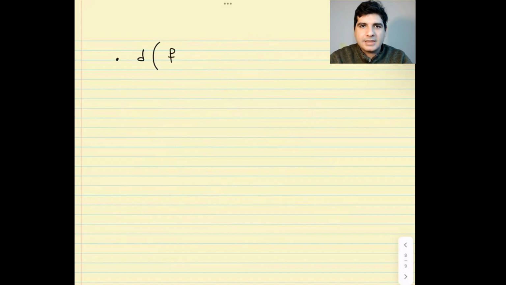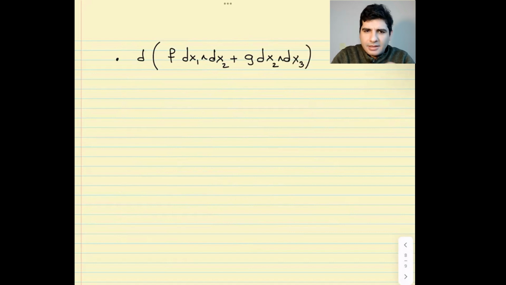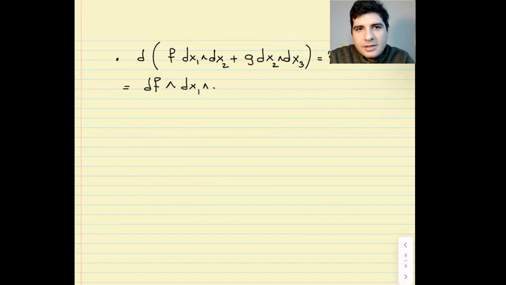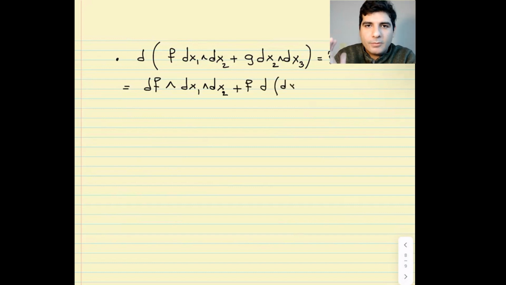So maybe let's do an example. Let's say f is a real valued function on a manifold M. Let's consider the 2-form f dx1 wedge dx2 plus g dx2 wedge dx3. Let's say the manifold is three-dimensional. Locally, it has three coordinates, x1, x2, x3. What is the exterior derivative of this form? So I should have d of f, wedge dx1 wedge dx2, plus f, d of the rest, which is dx1 wedge dx2.